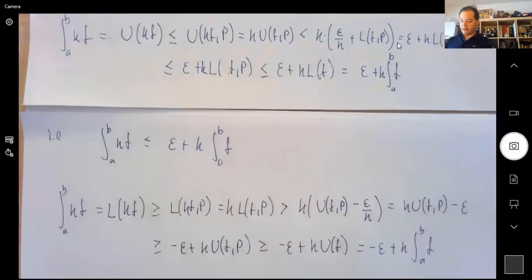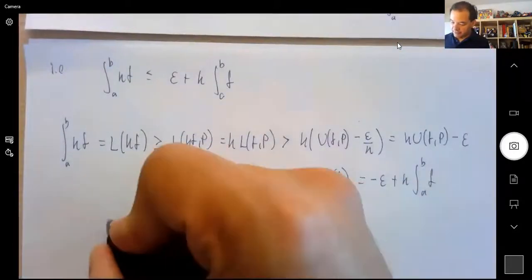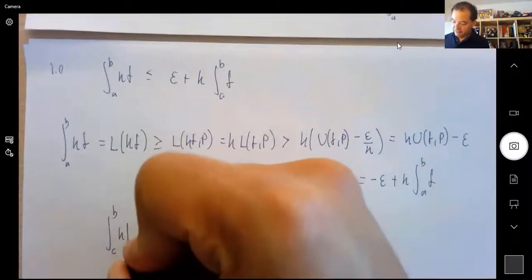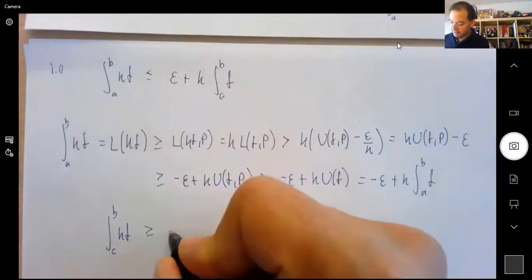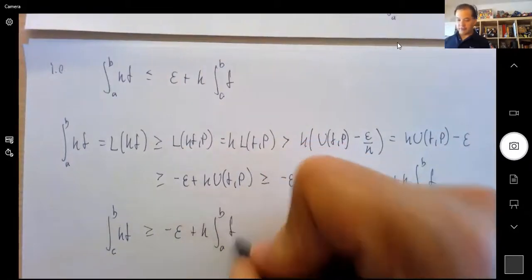All right, so altogether, what do we have? We have that the integral of Kf is greater than or equal to negative epsilon plus K times the integral of this one.